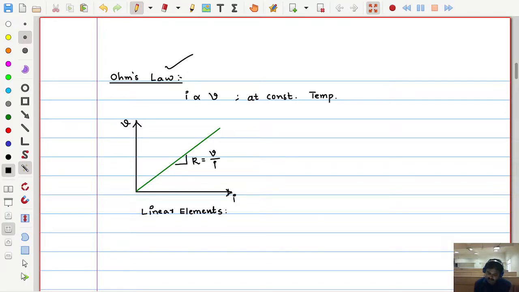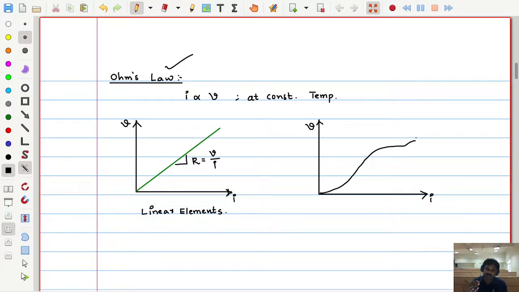Then is there any such thing which does not obey this relationship? Yes, surely. There are some elements which do not obey this relationship, and we call them non-linear elements. The characteristics of the non-linear elements look like this. It will not be a straight line. It may be some kind of curve, uneven. The variation of current with the application of voltage does not vary in a proportional manner.